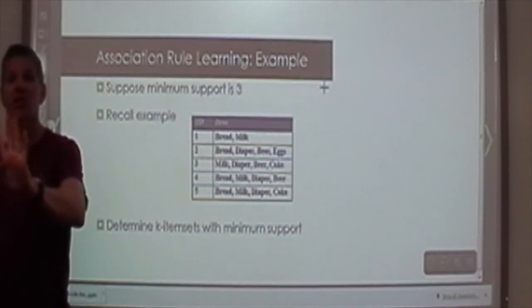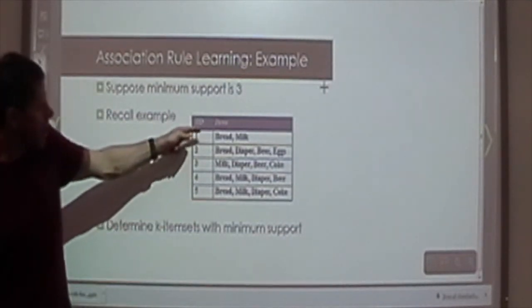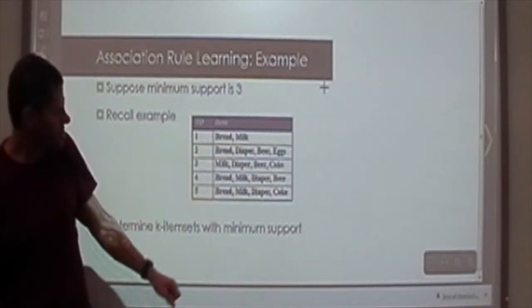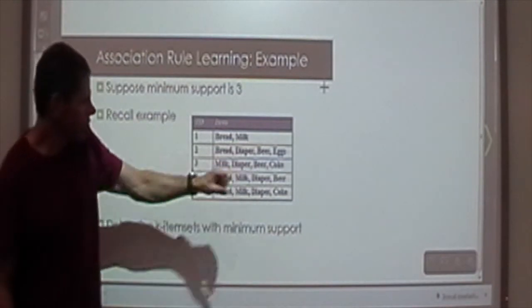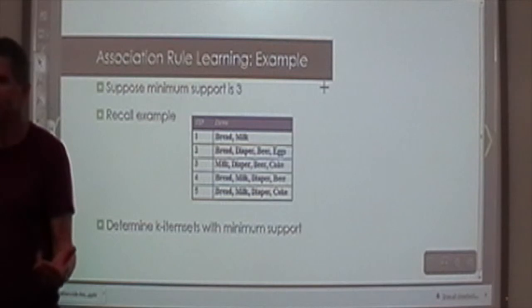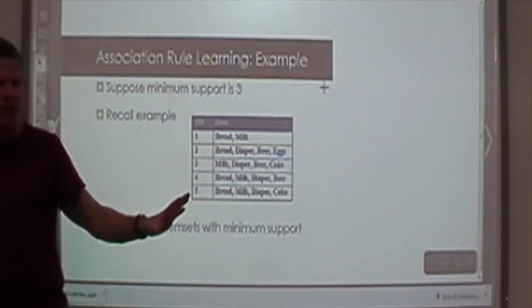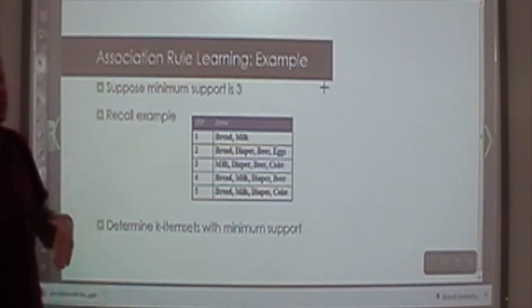So bread by itself is above our threshold. Milk appears 4 times. Diaper appears 4 times. Beer 3. Coke twice. Okay, so it's gone. So we're going to get rid of Coke. And we're going to get rid of eggs.